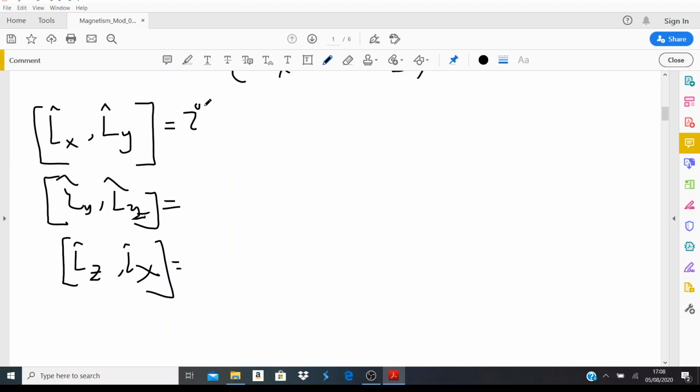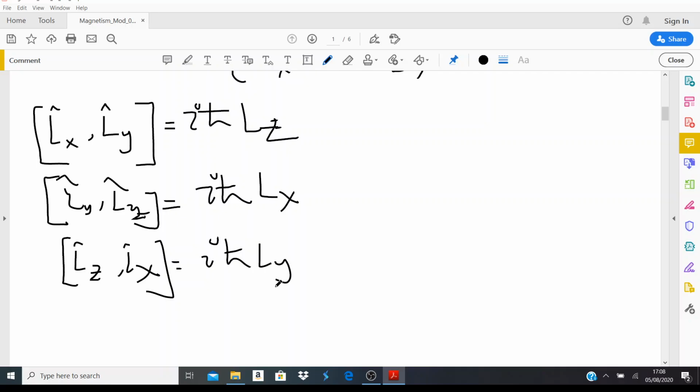So this is iħ times, here we have Lx and Ly, so on the right hand side we will have the third one, Lz. Here we have y and z, so on the right hand side we will have iħ times Lx, and here we have z and x, so it should be iħ Ly, right?